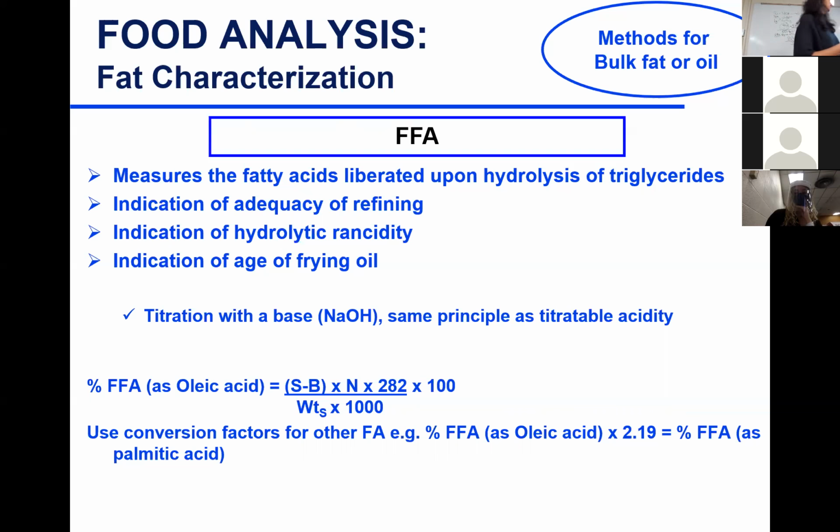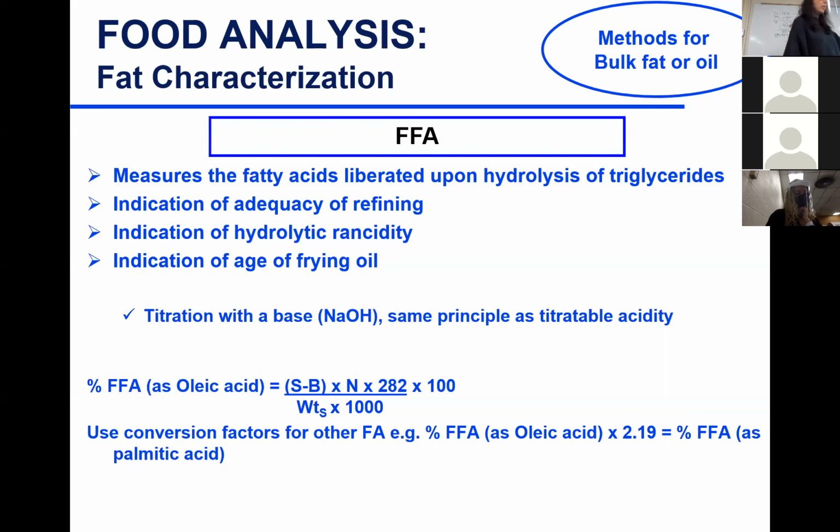So the base is going to react with the acid, the fatty acids, and you can determine the percent fatty acid. Again, the same concept of this reaction, but note here, it's sample minus blank, because if you don't have fatty acids, you do not have any acids to react with NaOH.